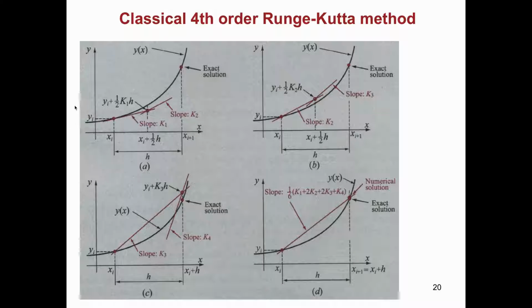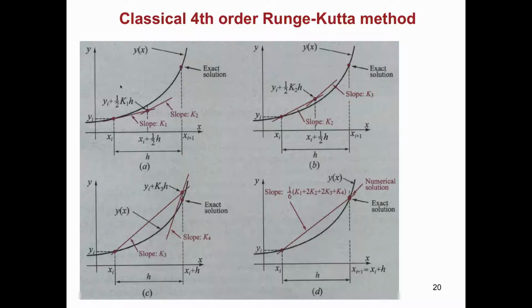So at this point, I find my slope k1, that's this one. Instead of taking it all the way by step h, which is what the Euler method does, I'm going to just stop halfway and find what my estimated value y is. At that estimated value, my function f for that x and that y has a certain slope. That's this slope, k2. Cool.